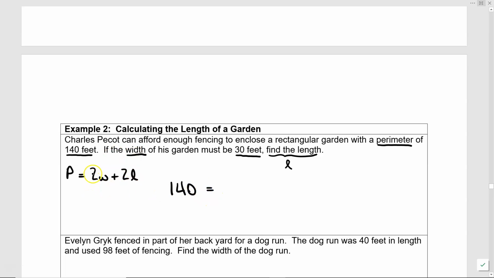On the right-hand side, we have 2 times our variable W plus 2 times our variable L. Okay. So now we combine like terms. We just distribute this 2. I don't know how to erase with this, but it's going to be 60 right here.